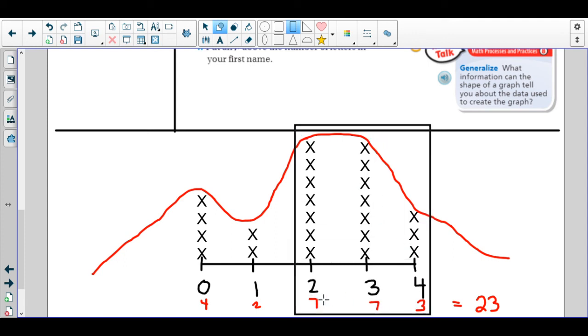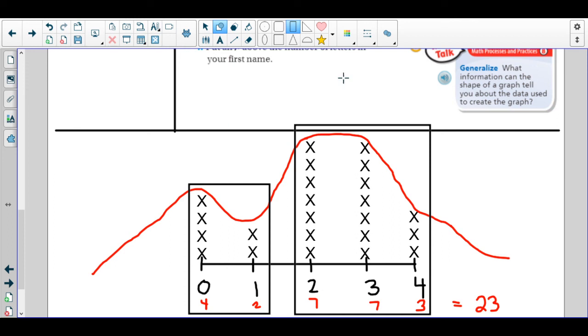In fact, 14, 15, 16, 17 of the scores are in this right here. But then I've got a cluster of kiddos right here that maybe did not score so well on the test. Okay, so that's what a line plot is basically used for. It takes a look at the distribution and where they're at and where to go from there.